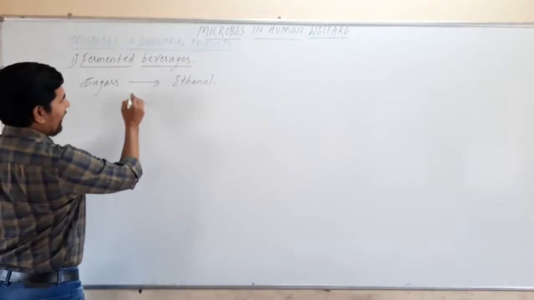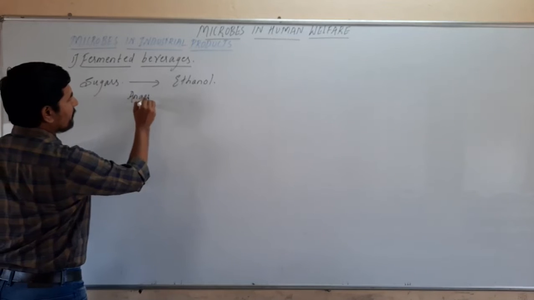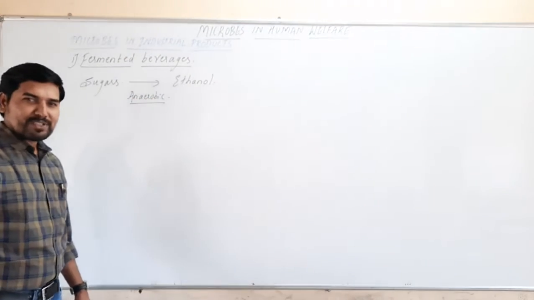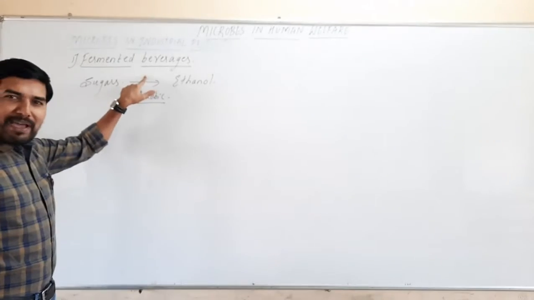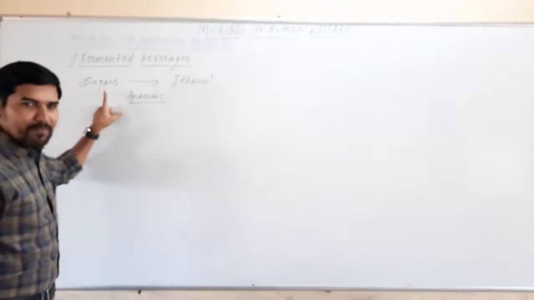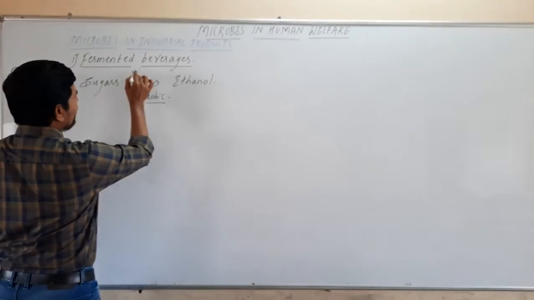Now during this anaerobic process, which we also call the fermentation process, there are certain microorganisms which are used to produce ethanol from sugar, and that microorganism is yeast.